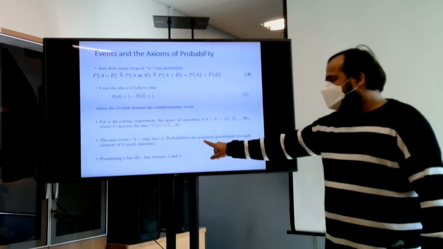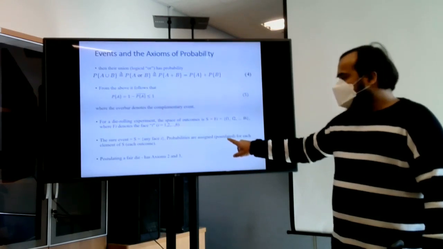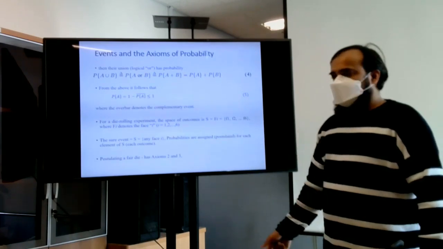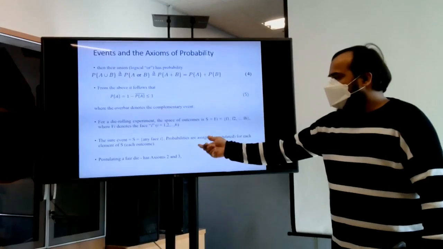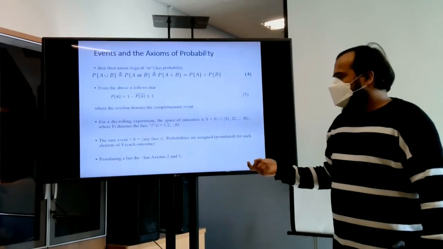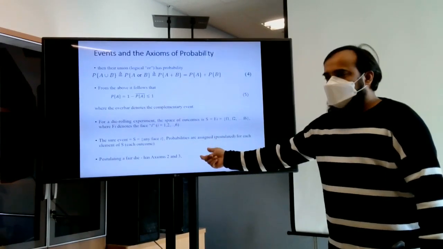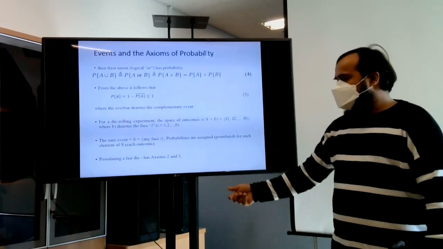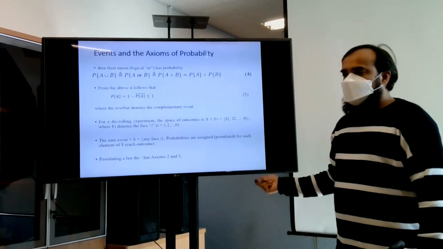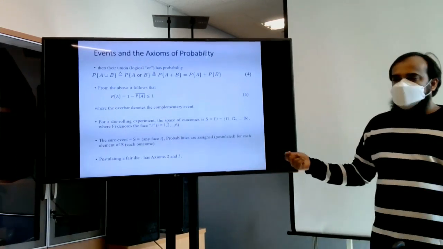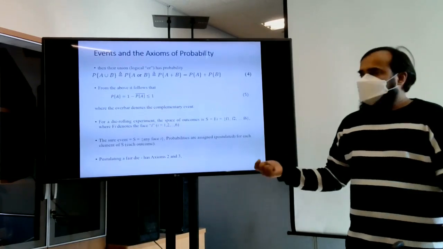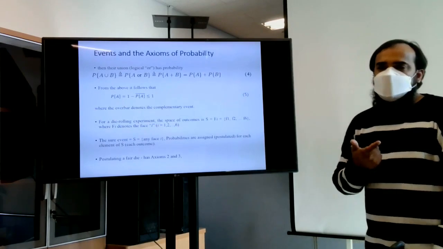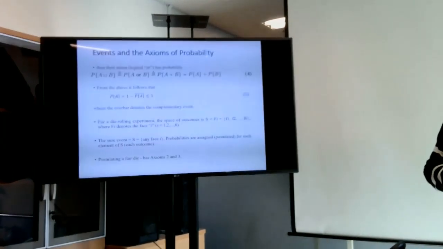Probabilities are assigned, or postulated, meaning assumed, for each element of S, each outcome. So each outcome has a probability. Postulating this has axioms 2 and 3, meaning it has the additive property and the sure event property.